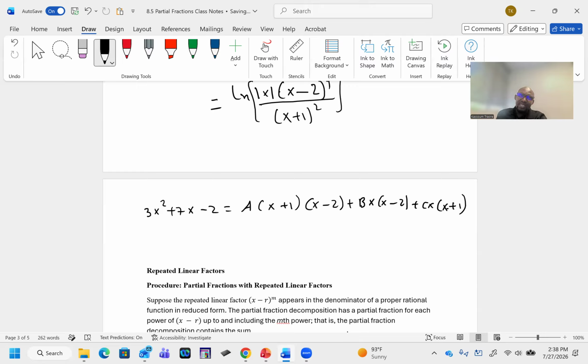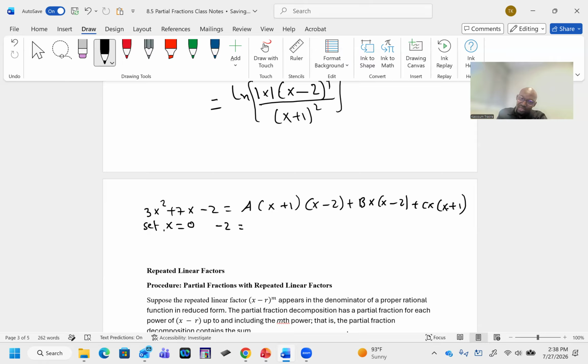For example, if we set x equal to 0, the left side of the equation will be just negative 2, right? If x is 0, we'll have 0 plus 1, which is 1, and 0 minus 2, which is negative 2.